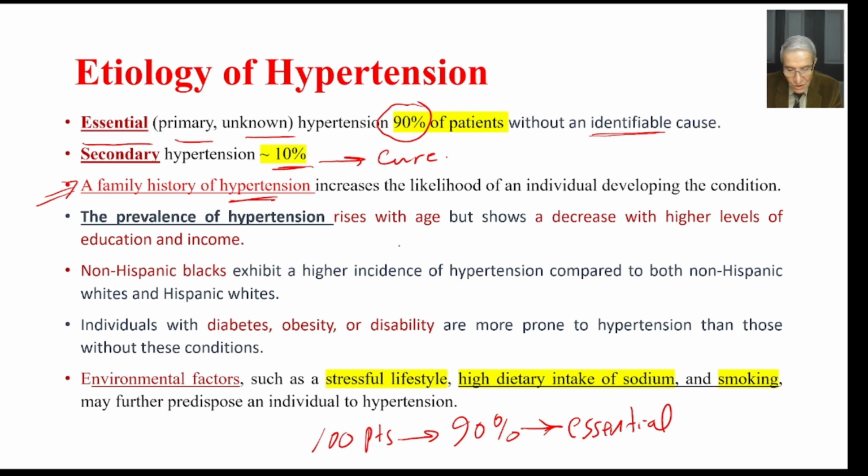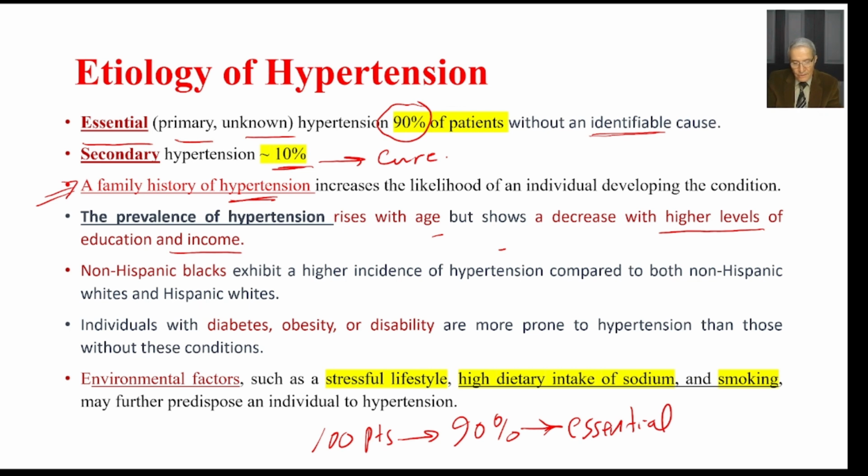Prevalence of hypertension increases with age: age 55 and above for females, and according to the risk factors, 45 and above for males. So more than 55 for females, more than 45 for males. Also, decreased level of education and decreased income are associated with increased blood pressure.